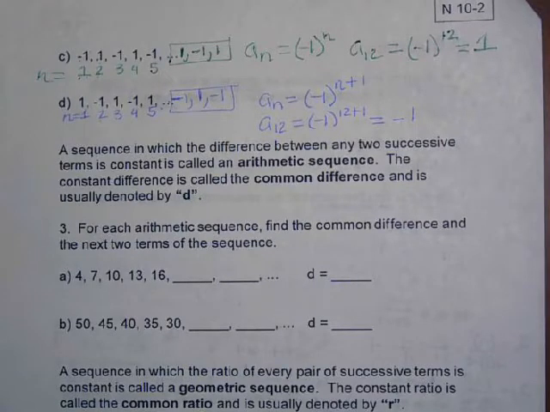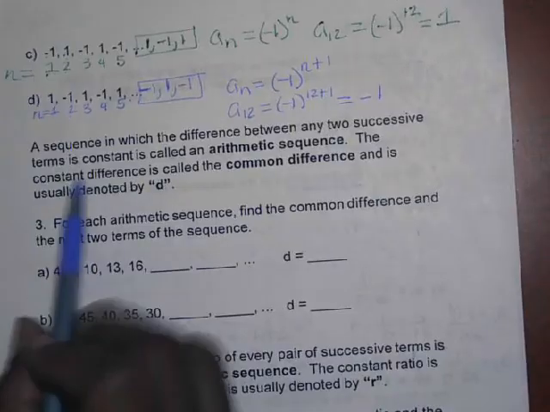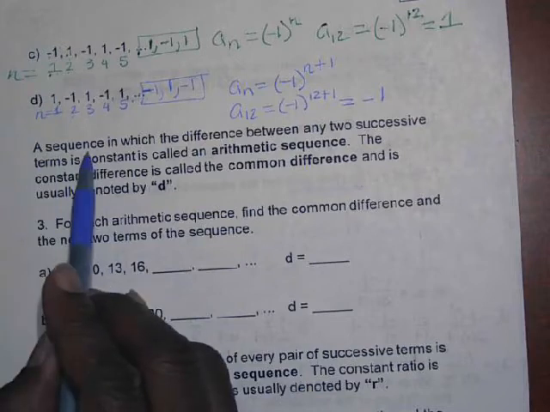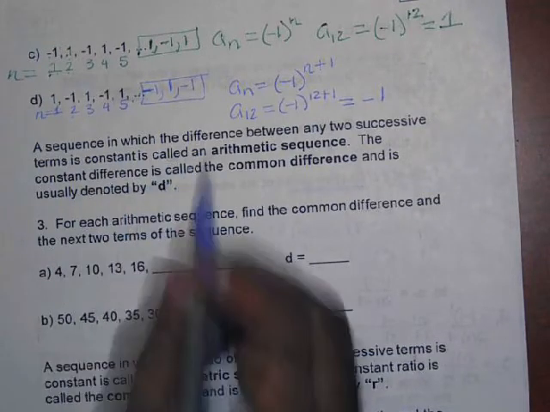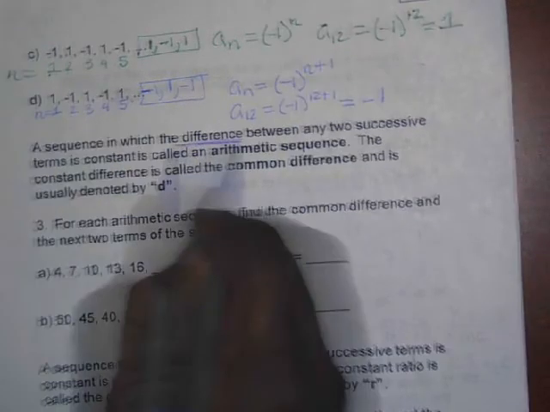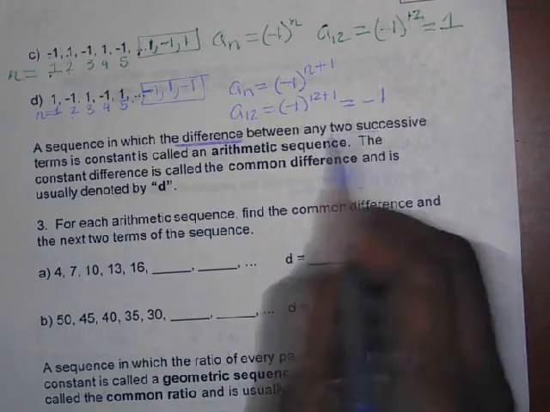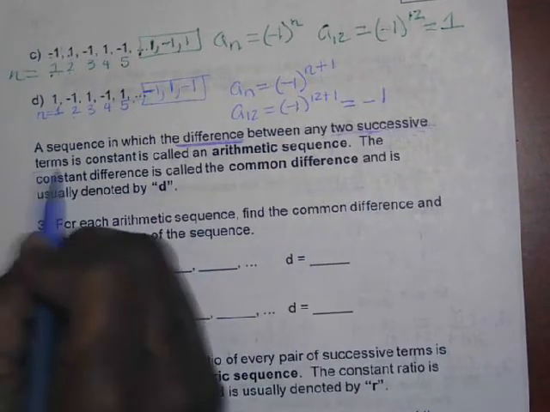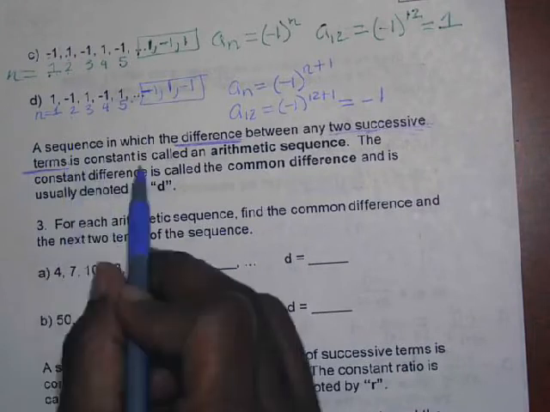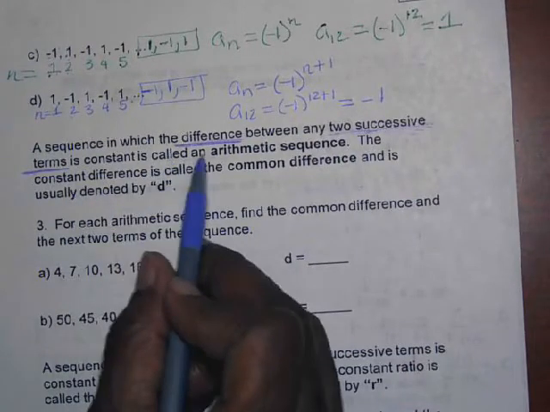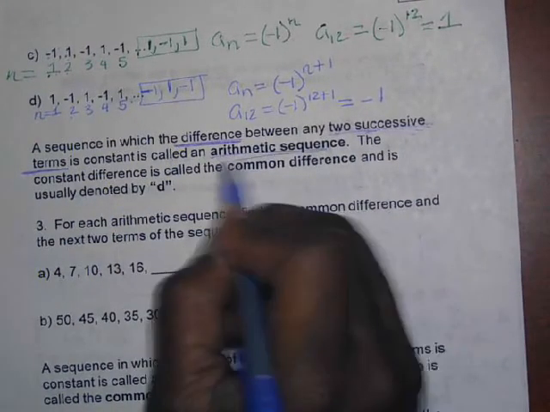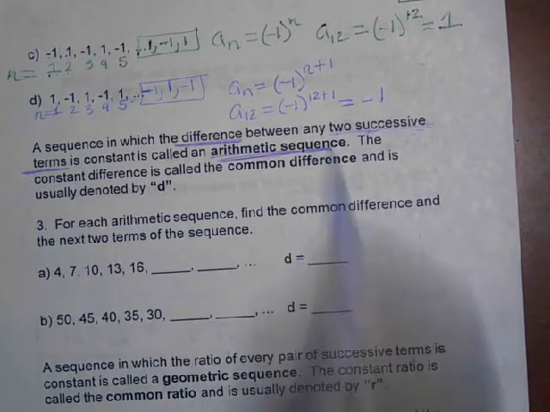Okay? All right, let's go to the next section. A sequence in which the difference between two successive terms is a constant is called an arithmetic sequence.